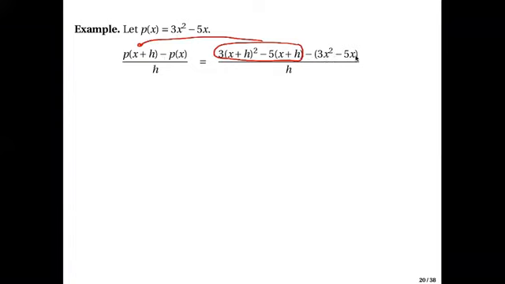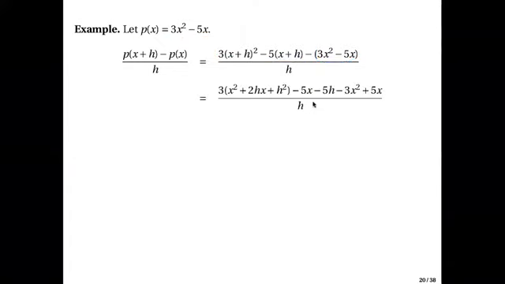You have your 3x squared minus 5x. And then of course you have over h. Then let's simplify. You expand this, you distribute the minus.